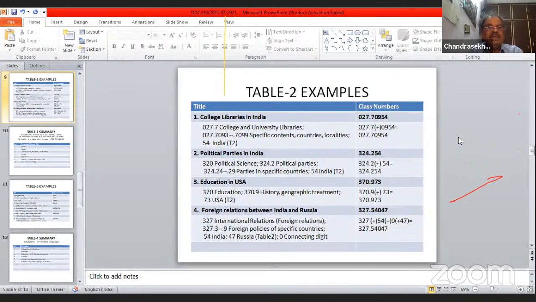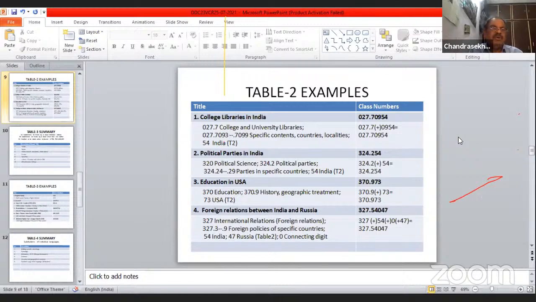So here there is an instruction: 027.70932 to 027.70999, that is for the specific countries. Specific countries content, how you have to add. So after 09, you have to add. India is 54 from table 2. So we have added here 027.70954 India.